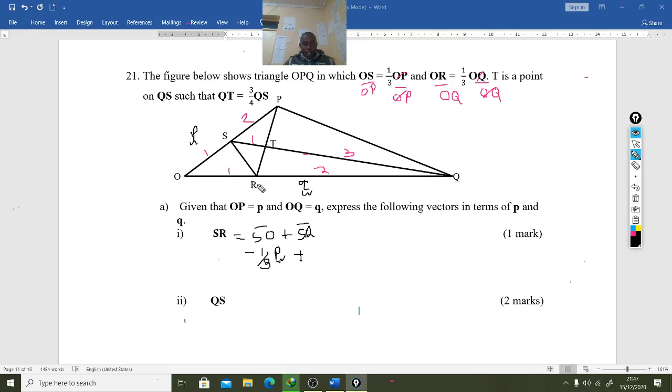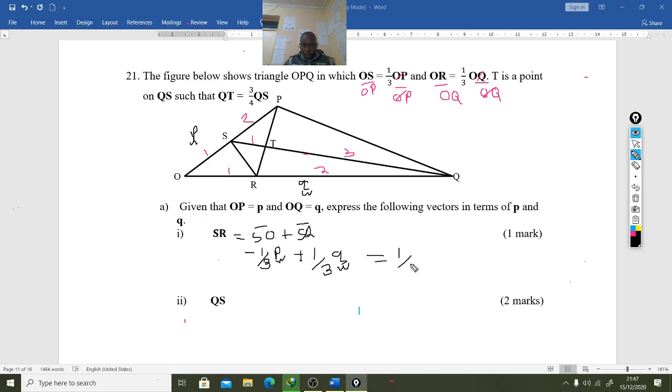Plus OR, and because we were given OQ as q, OR is just a third of OQ, which is q. So it is a third q vector minus a third p vector.